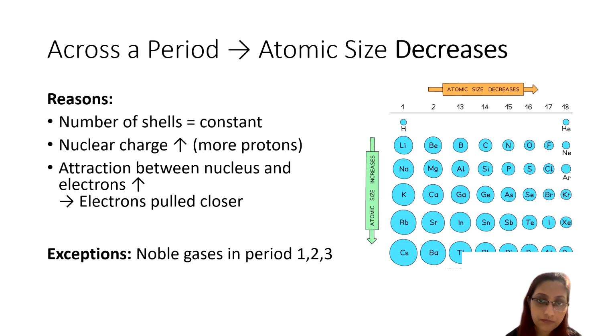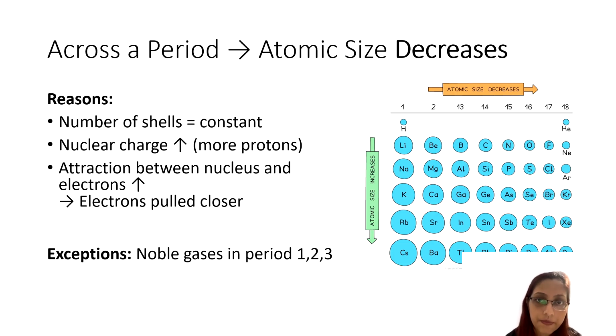However, there are exceptions, and particularly the exceptions are the noble gases in periods 1, 2, and 3. These noble gases, neon, argon, and krypton, have this stable configuration.